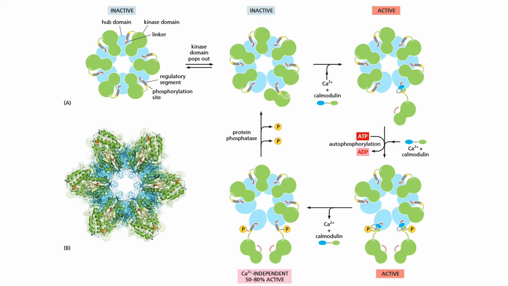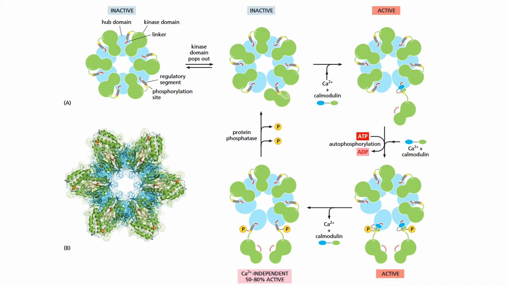The complete enzyme contains 2 stacked rings for a total of 12 kinase proteins, but only one ring is shown here. When the enzyme is inactive, the ring exists in a dynamic equilibrium between two states.